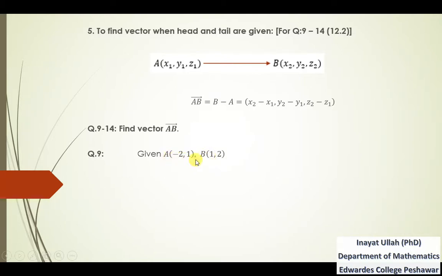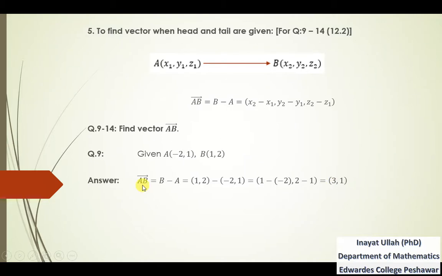So how could we find the AB vector? By this definition, AB vector is B minus A. How could we subtract these two ordered pairs? First minus first, comma second minus second. Minus minus plus, so 1 plus 2 is 3 and 2 minus 1 is 1. So that is your AB vector.